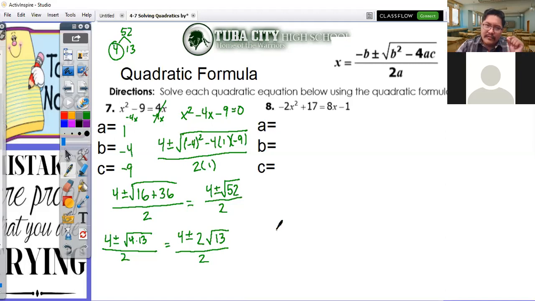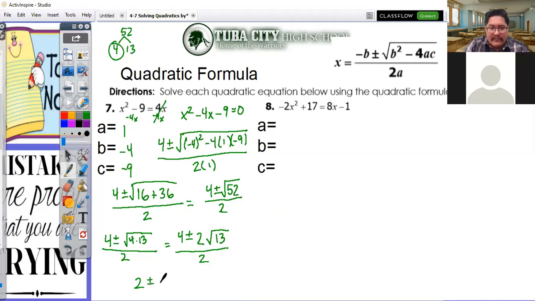But we should also do something else. Now, we're not done with this one because like any kind of fraction, because this is still technically a fraction, we're going to have to divide this by 2 and divide this by 2. So 4 divided by 2 is 2, plus and minus this 2 divided by 2.